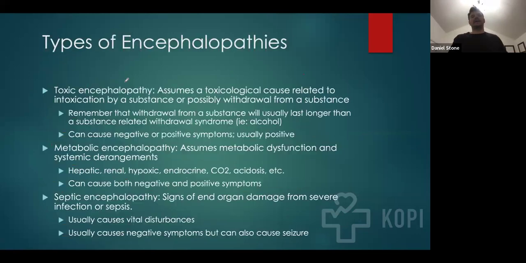So coming back, when we talk about all these findings, the vital sign abnormalities, we're talking about ruling in or ruling out a disorder. Encephalopathies are by far the most common reason for patients to present with altered mental status. Types of encephalopathies include toxoplasmic, metabolic, and septic.